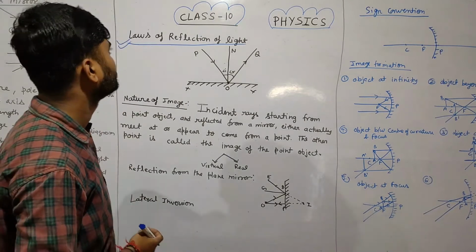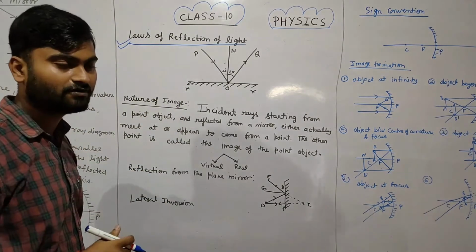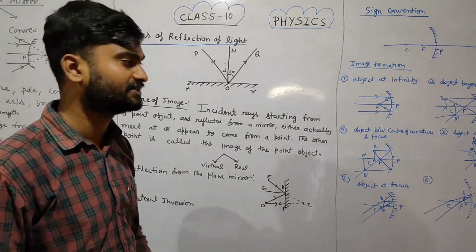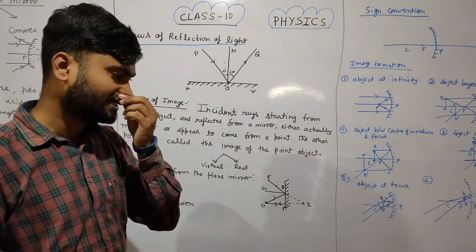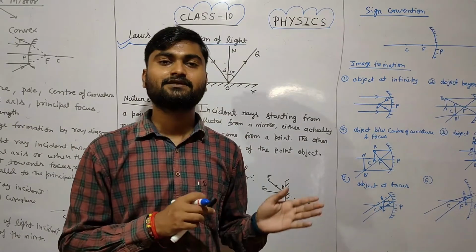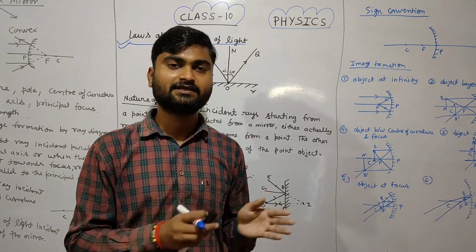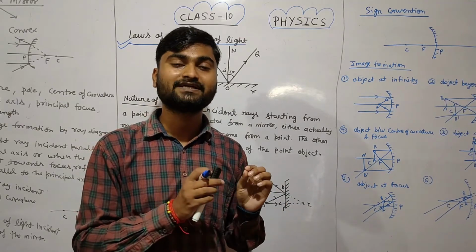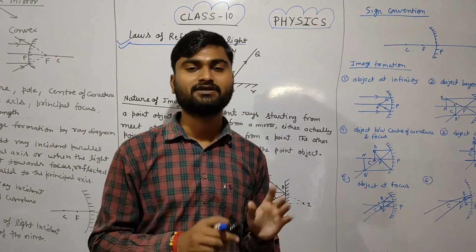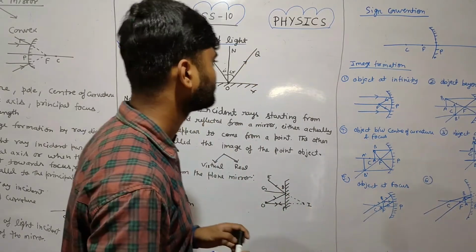The law of reflection is not only for regular reflection, it is also applicable for irregular reflection. That's why it is called a law. It is not invalid in irregular reflection, it is valid for both regular and irregular reflection.